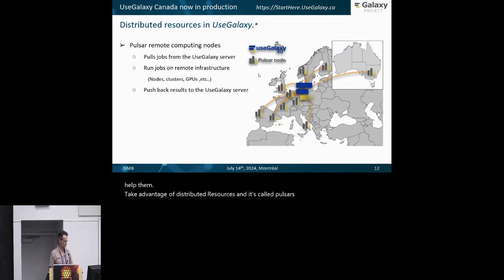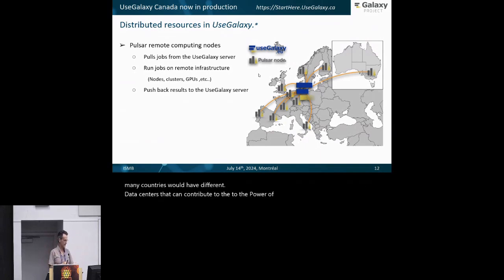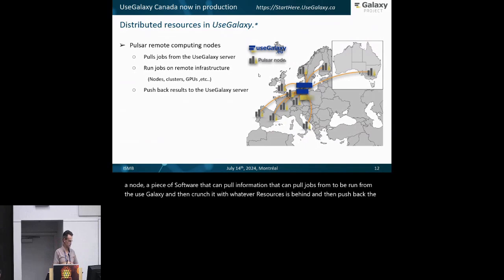For example, in Europe, many countries have different data centers that can contribute to the power of UseGalaxy. A pulsar is simply a node, a piece of software that can pull jobs from UseGalaxy, crunch them with whatever resources are behind it, and then push the results back to UseGalaxy, and the user basically doesn't see anything of that happening.